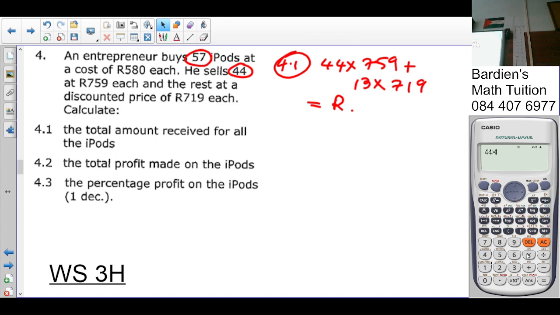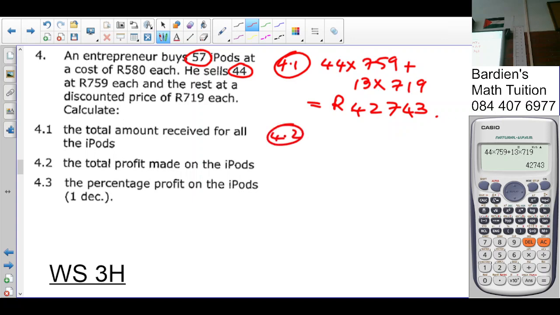So 44 times 759 plus 13 times 719 gives 42,743 Rand. Let's look at 4.2.